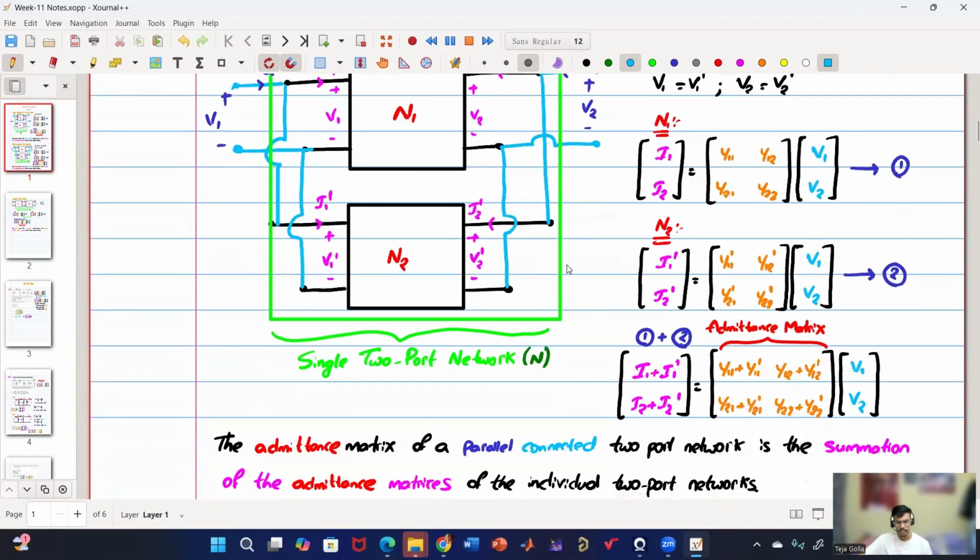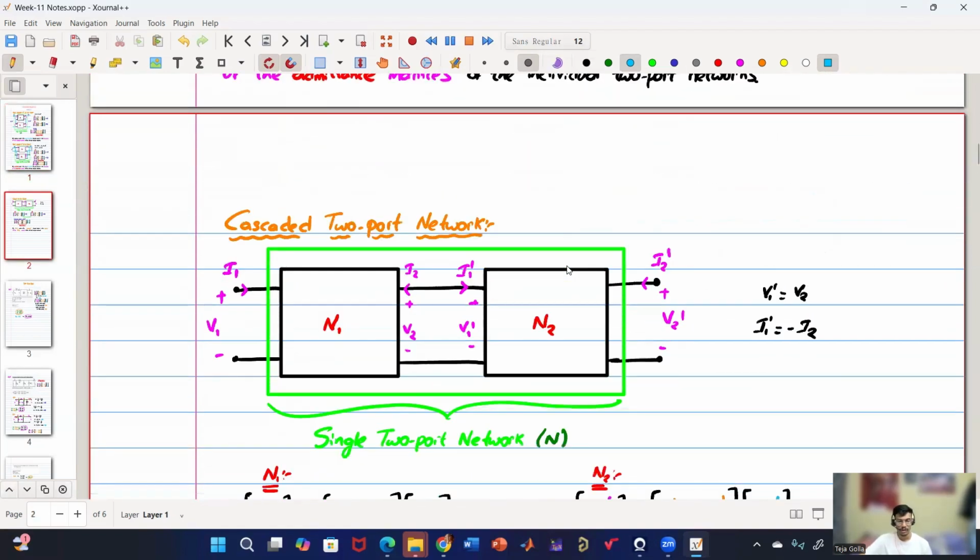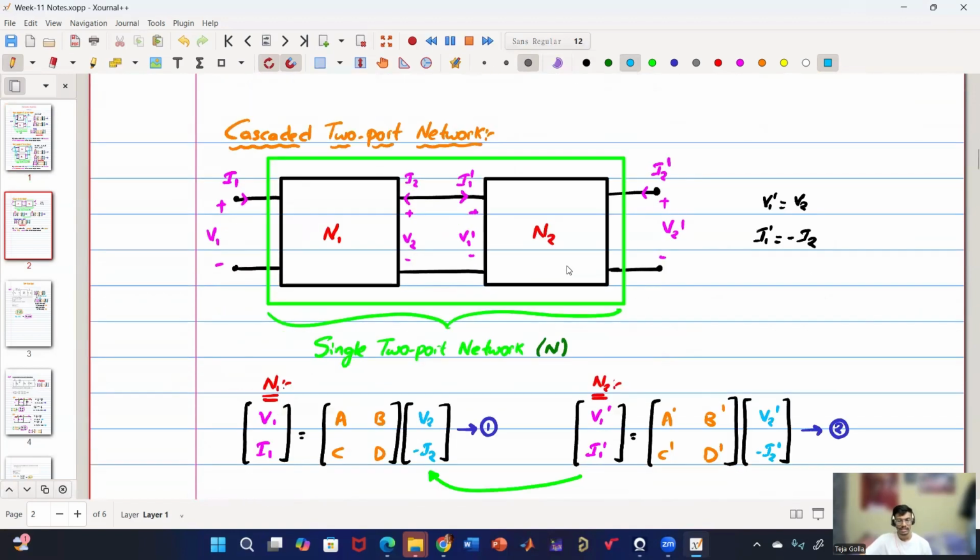So we have to get in terms of the admittance matrix. And we have seen the admittance matrix of the parallel connected two-port network is the summation of the admittance matrices of the individual two-port networks. Similarly, if we are connecting two two-port networks in a cascaded way, then we can use ABCD matrices because the output of port 1 is the input of port 2.